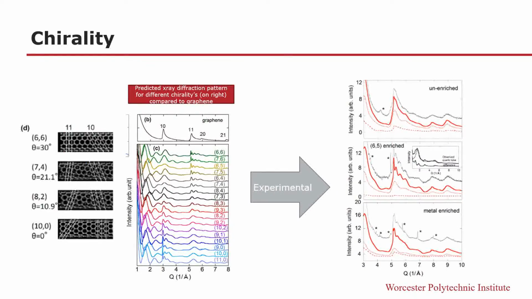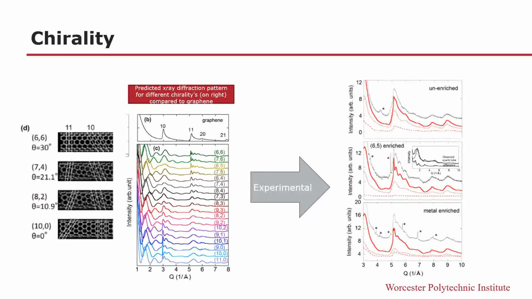Chirality is important because it can have a large effect on the properties of the nanotube. For example, the transition from conductive to semiconductive is based on chirality. Nanotubes with n minus m equal to 3q, where q is an integer, are metallic, whereas those with n minus m equal to 3q plus 1 are semiconducting.